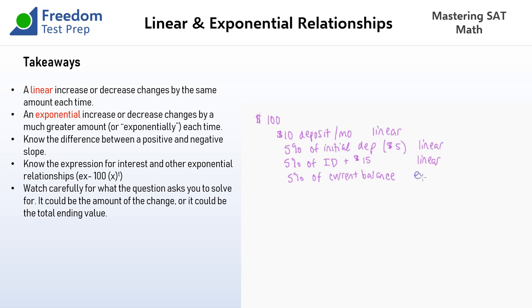Here is your exponential. Meaning 5% of an increasing number is going to get you an increasingly higher deposit every month. Okay, this is the one. That's the exponential.